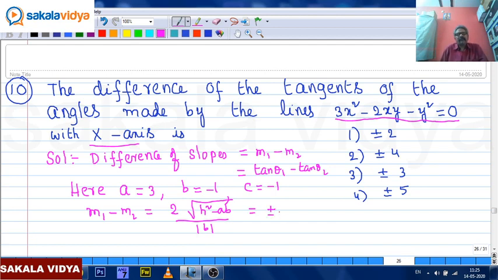That means plus or minus 2 root of h square minus ab. h square is 1, minus ab plus 3. This will be plus or minus 4. Second option is the right option.